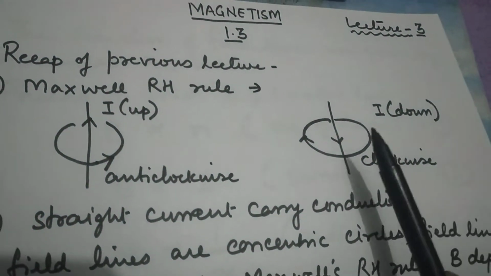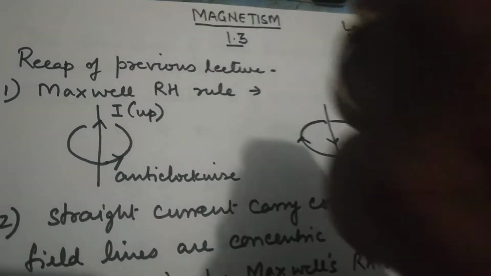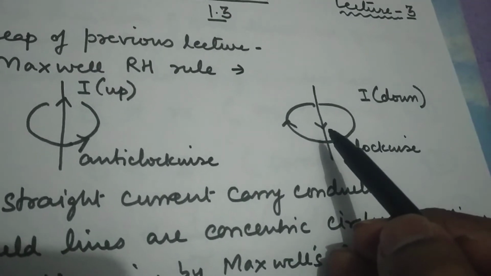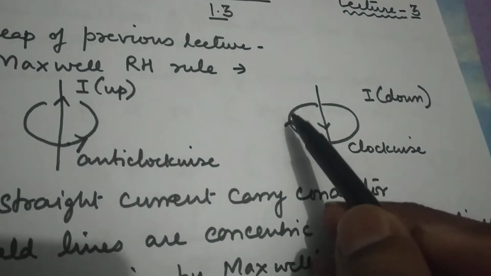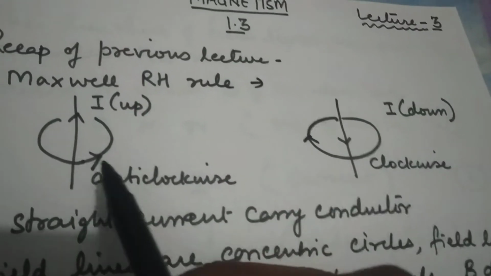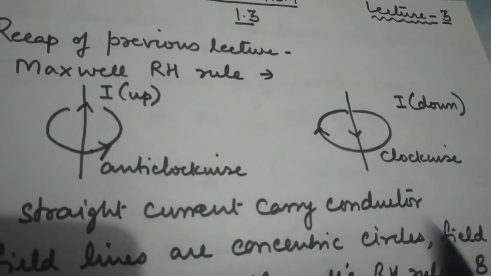Similarly, if your thumb is down and the current is going down, the magnetic field lines rotate in the clockwise direction. Please understand that these lines are circular and point as per the right hand rule. So this is the Maxwell right hand thumb rule.